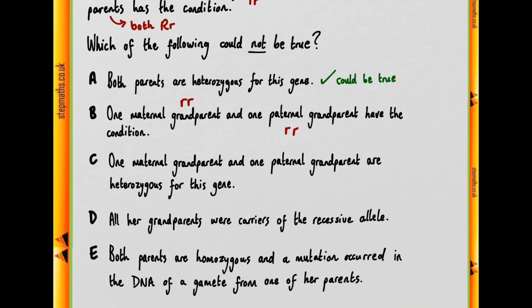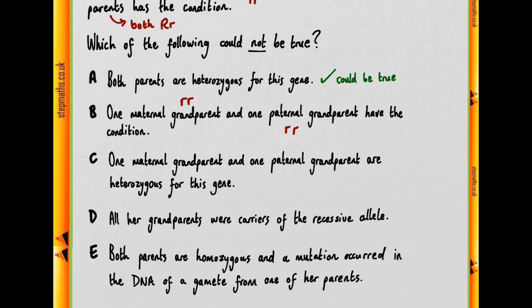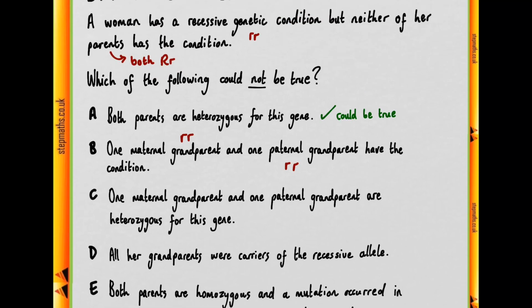Now, could this lead to them producing the parents, who we know are both heterozygotes? Well, given that it's a maternal grandparent and a paternal grandparent, they could have had a child with someone who had a dominant allele, which the parents could have inherited, therefore leading to a heterozygote outcome. So that could be true.